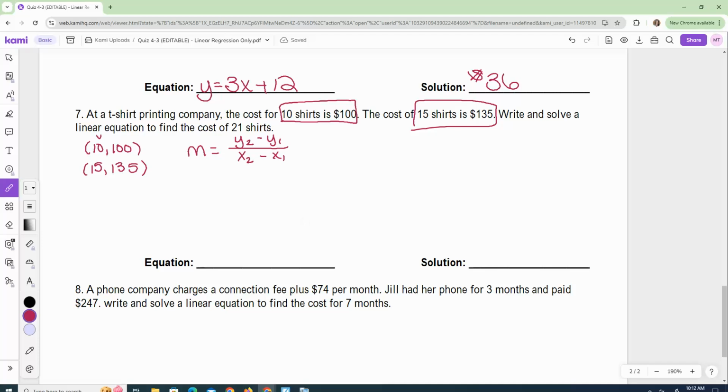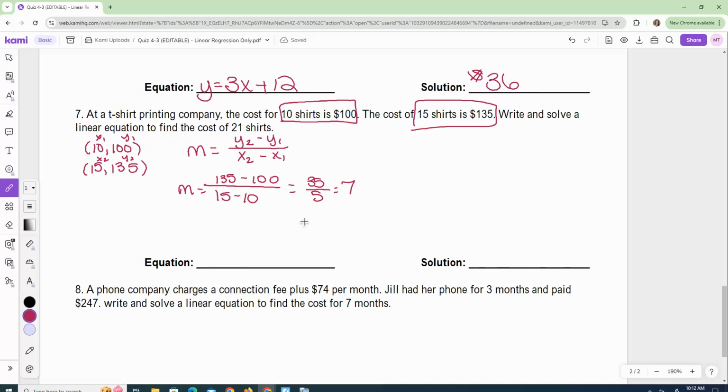In my points, this is like x1, y1, x2, y2. So 135 minus 100 over 15 minus 10. So we get 35 over 5, which is 7. Now I have my m.